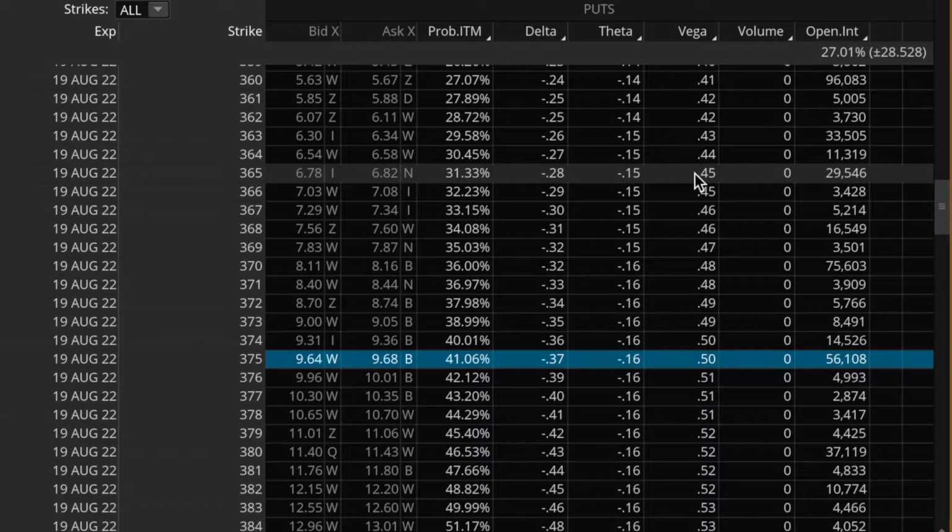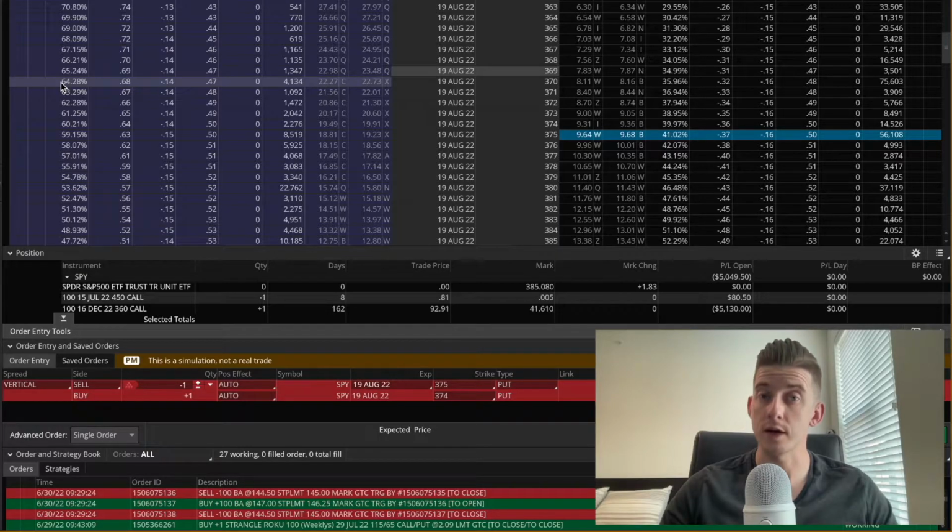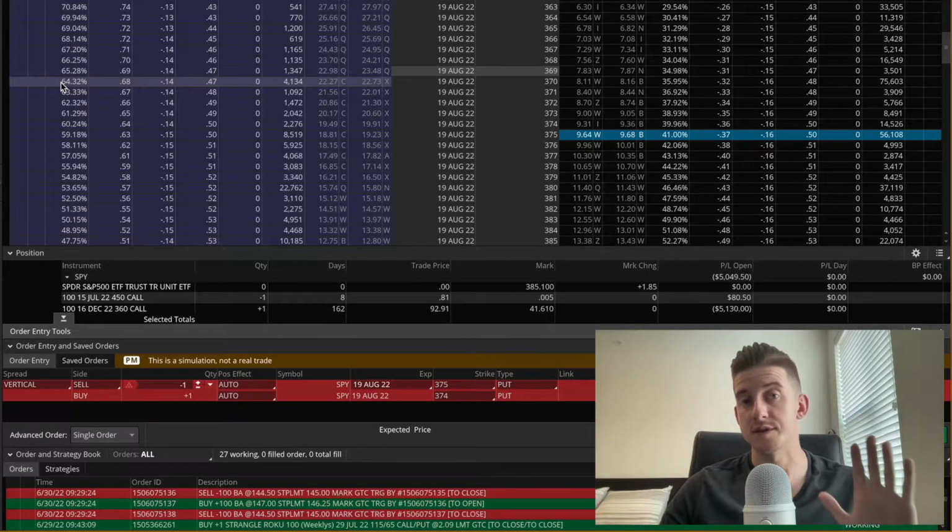And lastly here, before moving on to tip number 2, if you are going to go ahead and use wider spreads, just make sure your account can handle the increased amount of risk, right? Because obviously with wider spreads, the max loss scenario is going to be much greater than using only a $1 wide spread. And generally speaking, my rule of thumb is not to risk more than 5% of my total account value for any one position.